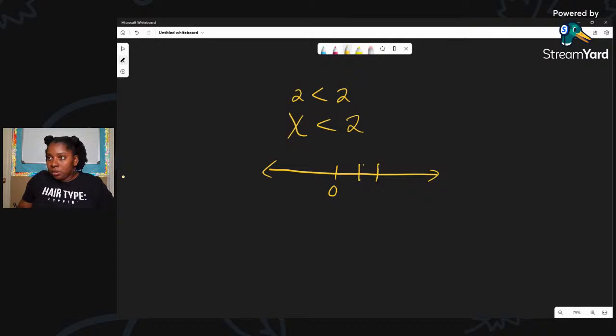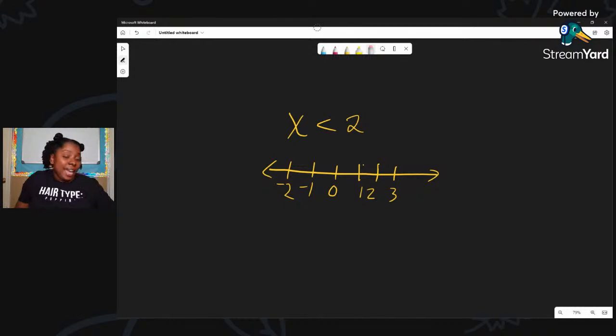Is 2 less than 2? No. 2 equals 2, but 2 is not less than 2, right? So x can't be 2 because 2 is not less than 2. So we don't include the 2.